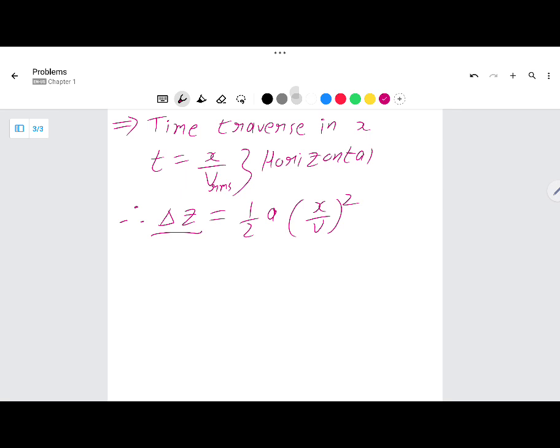Okay, and since the deflection is like this, what we are currently looking at is delta z. In reality, the same amount of deflection will be observed here as well. So the final deflection d is 2 times this delta z part.